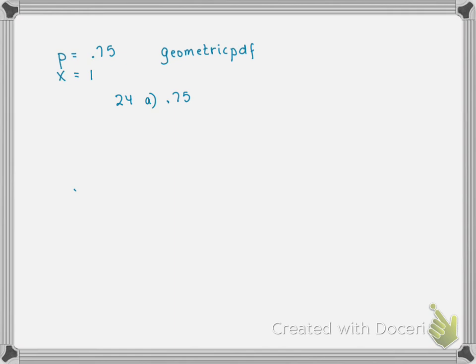Okay, now we are going to look at number 25. 42% of adults say they have cheated on a test or an exam before. You randomly select 6 adults. That is your N value. So the probability, or the P value, is your 0.42.